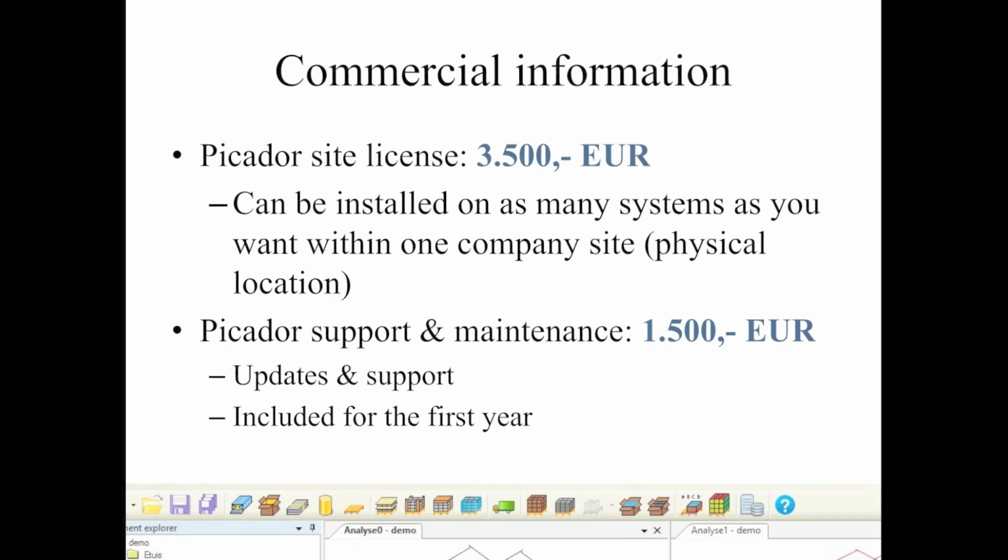This is just software purchase like we did 20 years ago. And then the first year of support and maintenance is already included in that price. That's important to note because for most of the software that we sell, that is not the case. You have to pay that separately. Here, this 3,500 euro is the purchase price and includes the first year of support and maintenance.